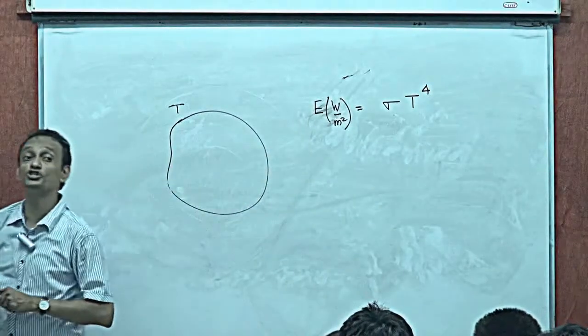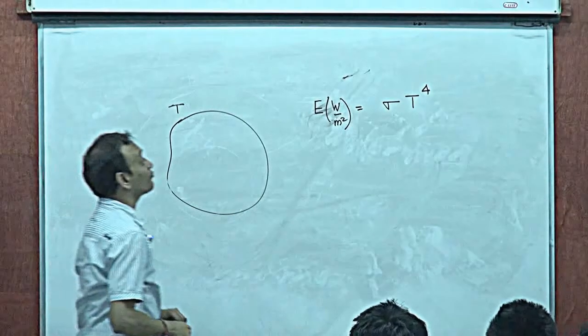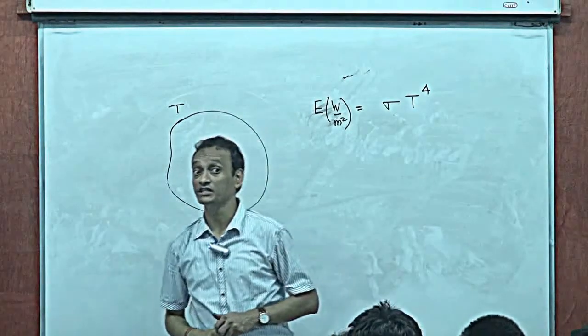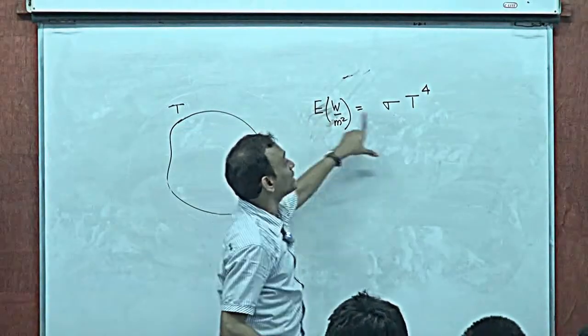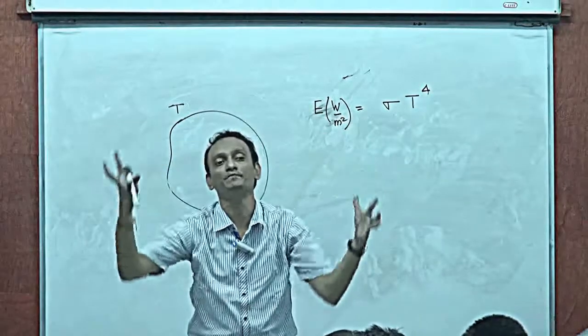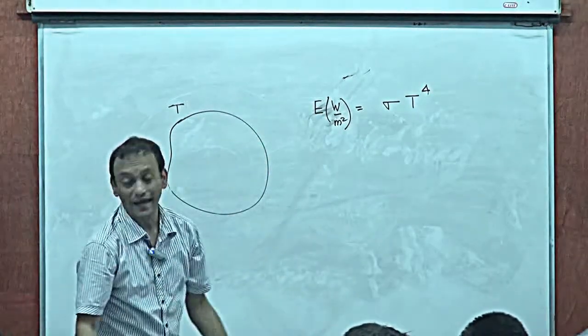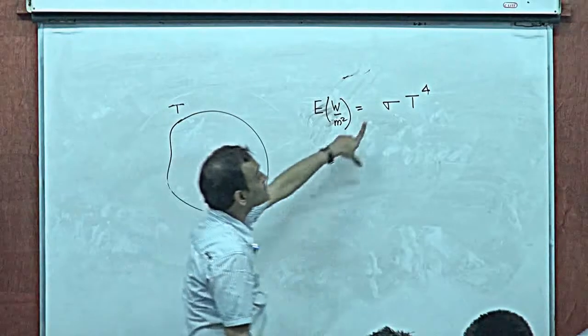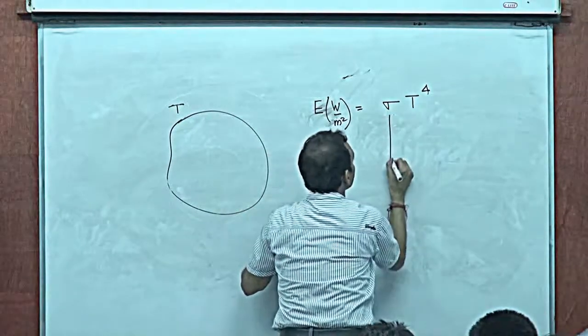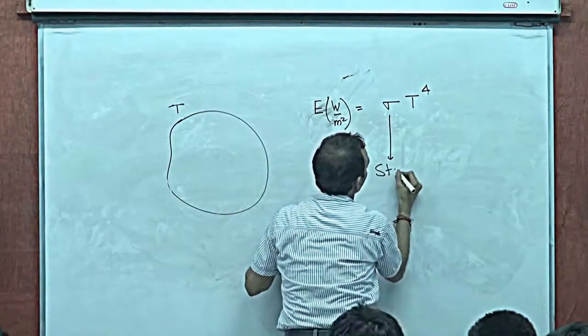This is the radiation model for an ideal surface, where the watts per meter squared is proportional to the fourth power of the absolute temperature, and this sigma is a constant and is called Stefan-Boltzmann constant.